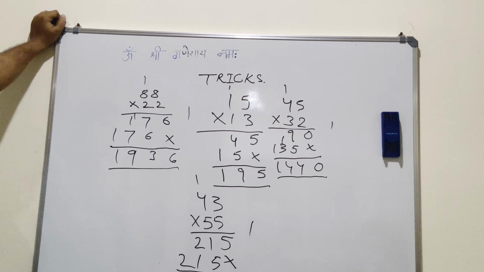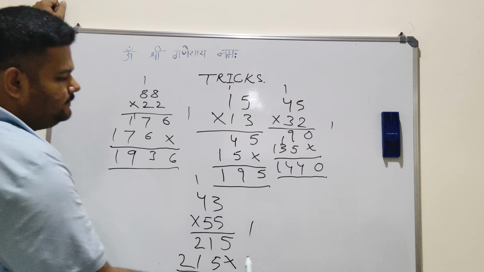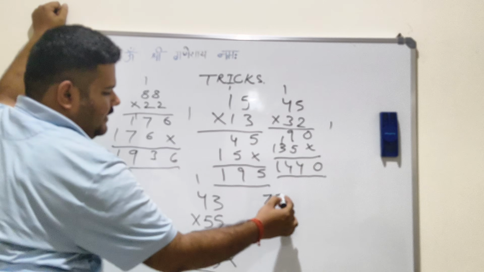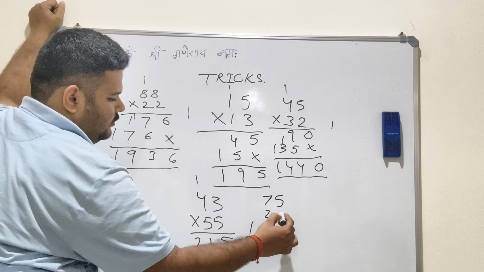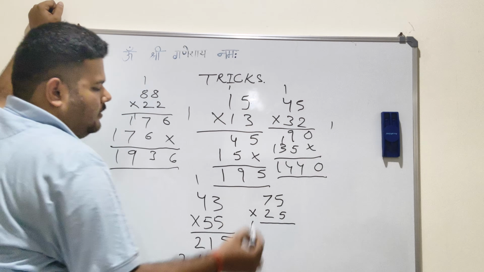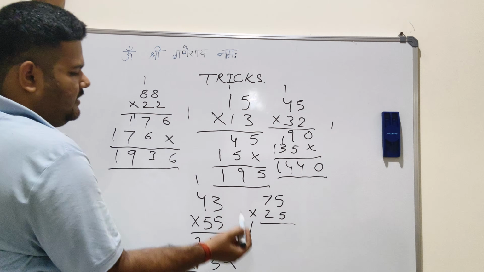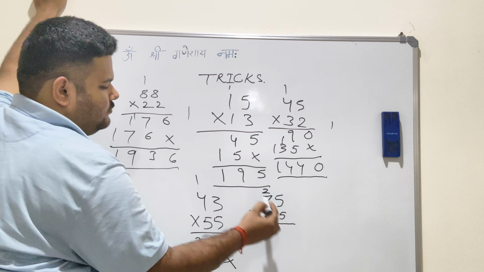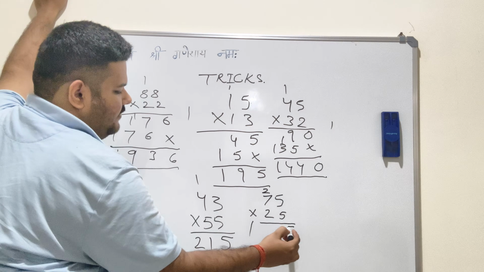Similarly, we take another example of multiplying 75 with 25. So what you need to do is put a line here, you put a cross sign here, or multiplication sign. So you need to multiply 5 by 5, so the answer would be 25. So you need to put 2 here, 5 here.